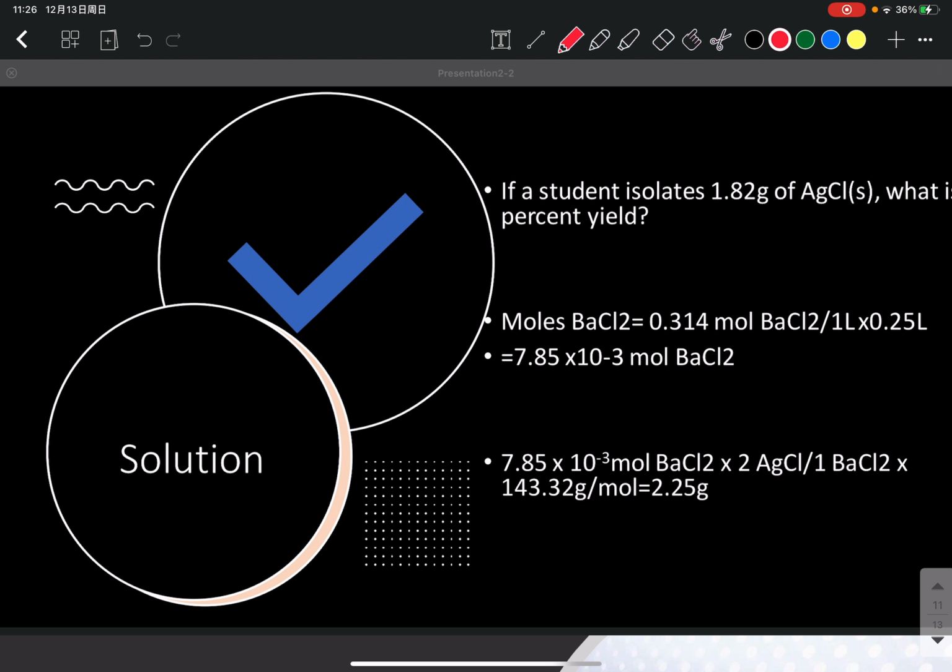So, to determine the theoretical yield of AgCl, we first need to know how many moles of BaCl2 were consumed in the reaction. Now we have the quantity of BaCl2 in moles. We can find the theoretical yield of AgCl in grams.